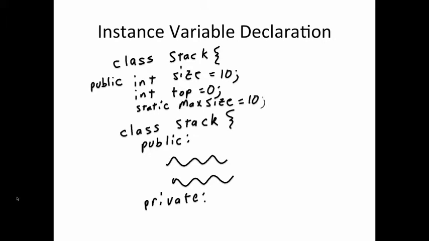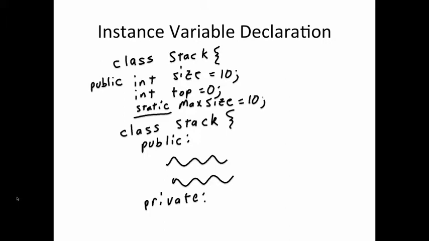And by declaring it static, we're saying that it is a class variable which is shared by all instances of stack. So if any of them modify max size, then all instances will see a change to that.